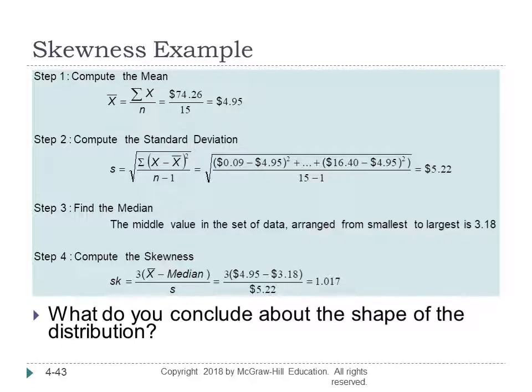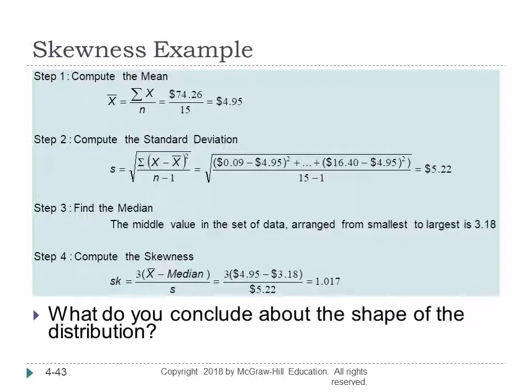Next, we want the median. If the data is already sorted, you'll find that the median is equal to 3.18. Now we are ready to calculate the measure of skewness. Sk is equal to 3 times x bar minus the median, divided by the standard deviation. For our example, this is 3 times (4.95 minus 3.18) divided by 5.22.